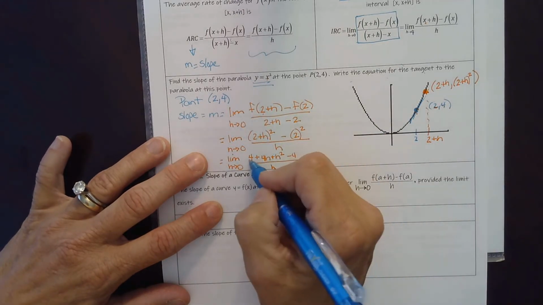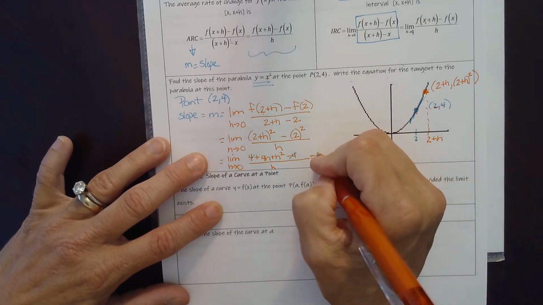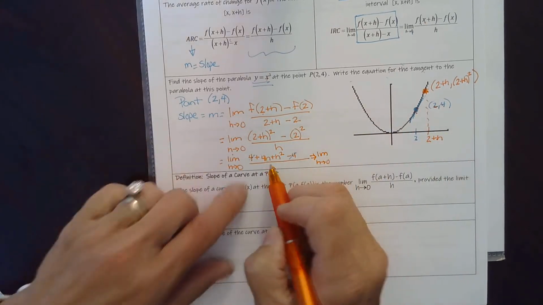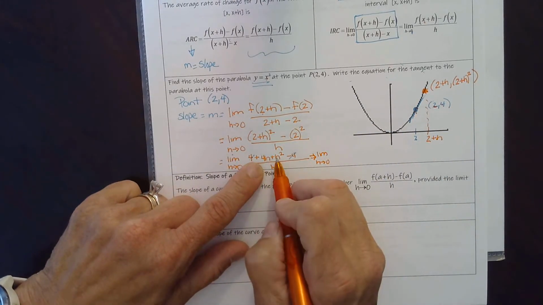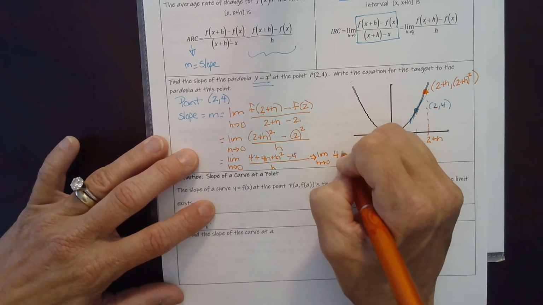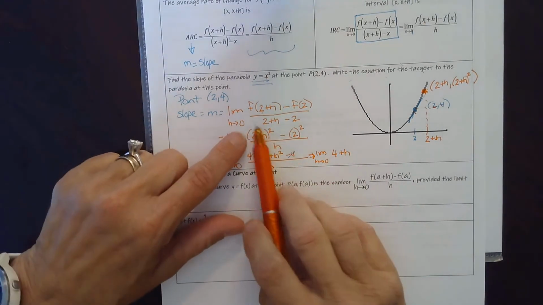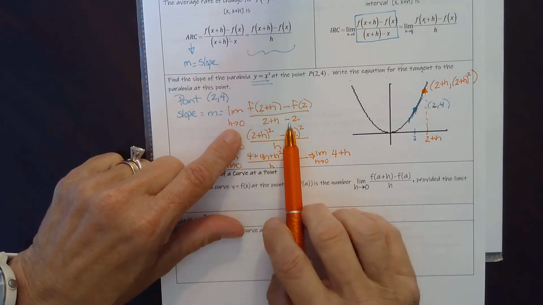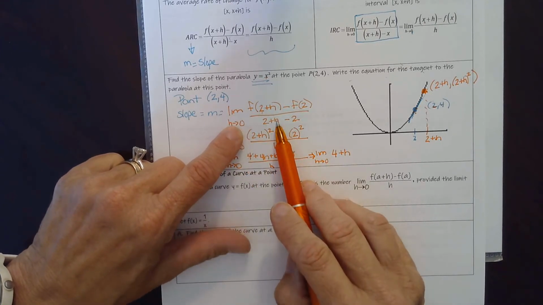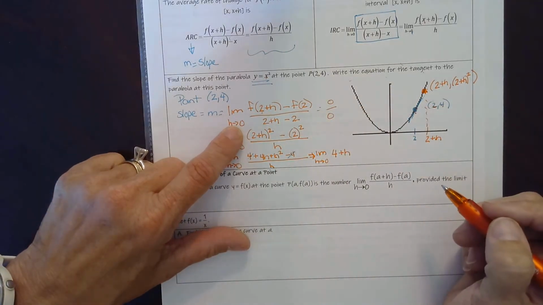and my 4's here will cancel, and I'm left with the limit as h approaches 0. Notice between these two there is an h that's common, and I can reduce that to 4 plus h. So now I have taken an expression that if I had substituted 0 here and here, we would have ended up with 0 over 0.